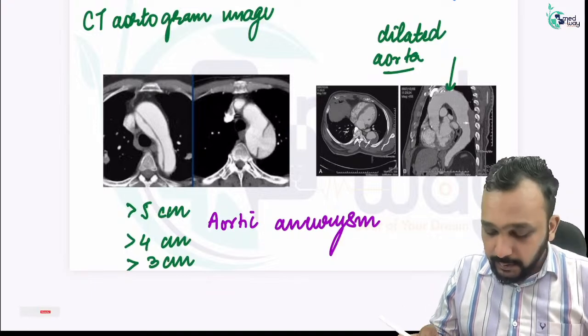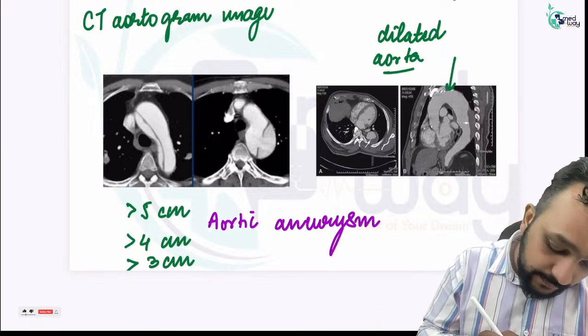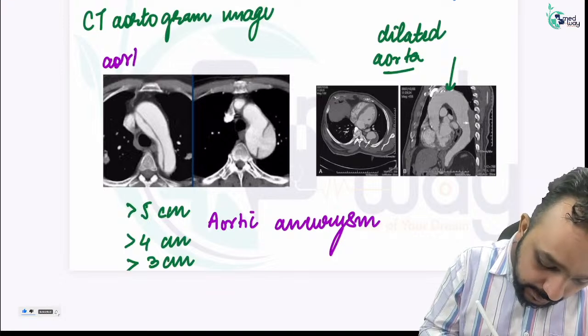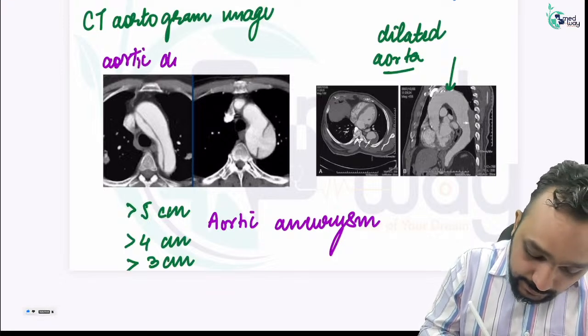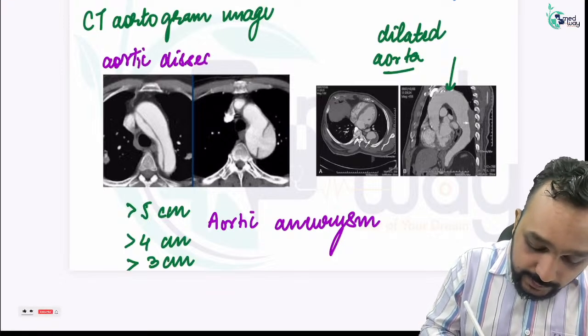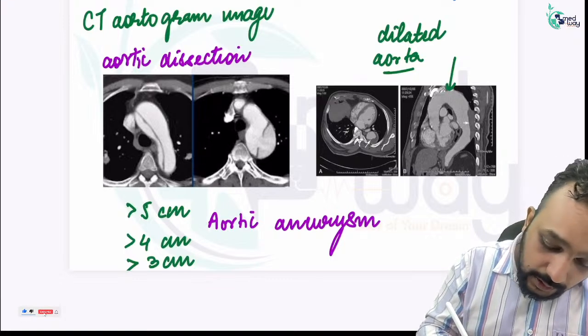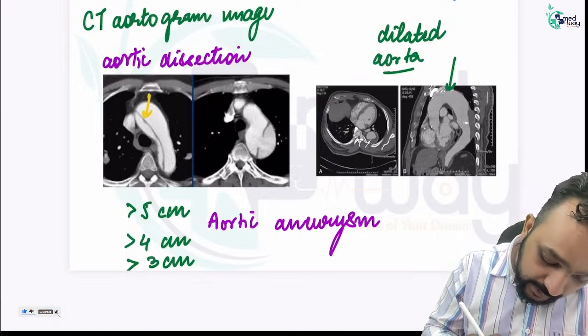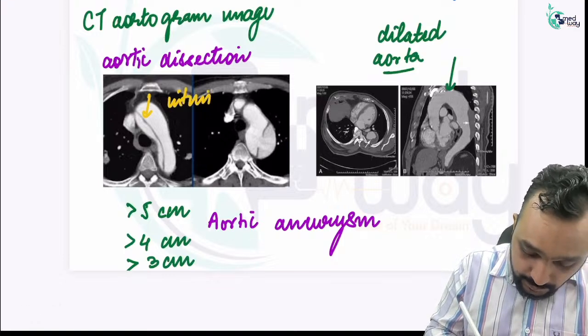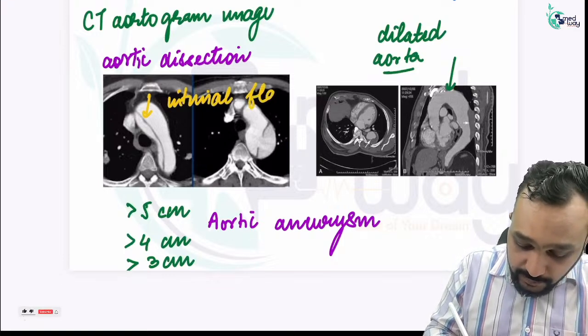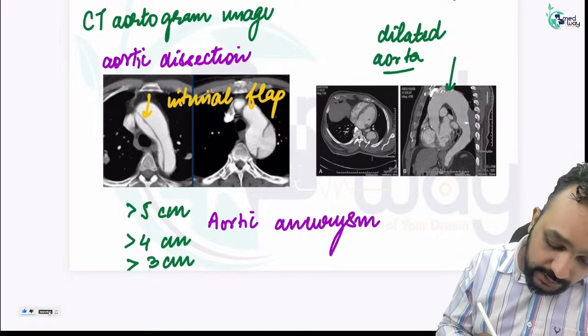Now another option that was there in the exam was aortic dissection. So in aortic dissection, what are you going to see? You are going to see that there will be an intimal flap. Okay, intimal flap will be seen, and along with that you will see 2 lumens.